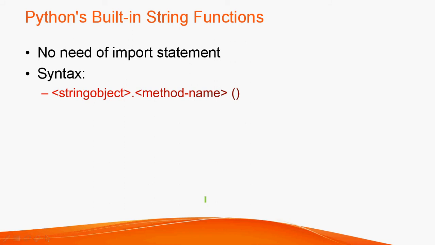You can just specify the string object along with the method name separated by a dot, just like the other functions. So this will be string.function_name, and inside the brackets there may be arguments.